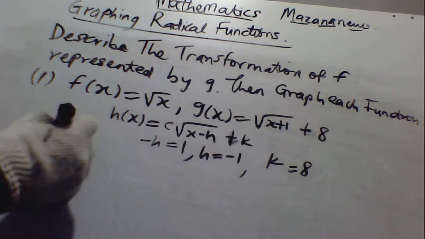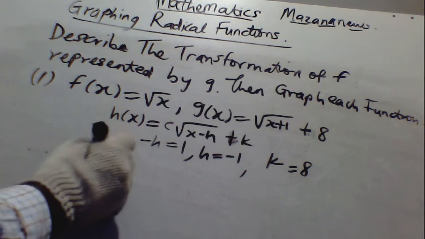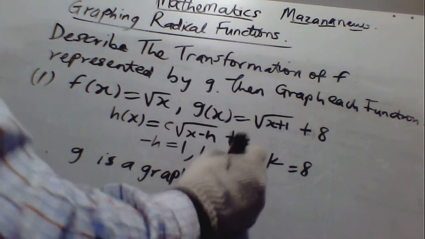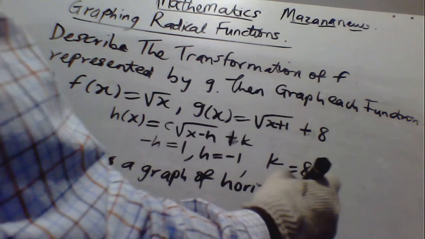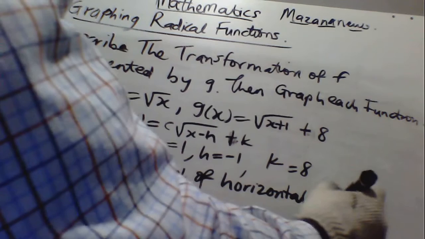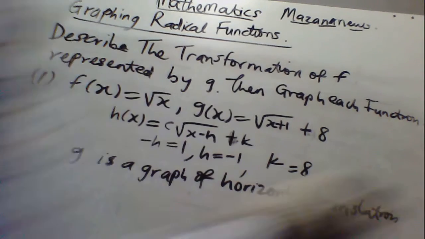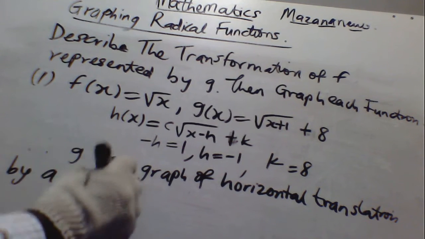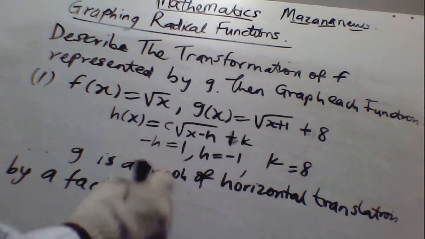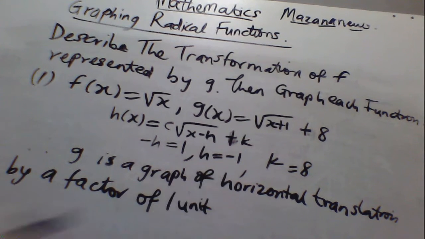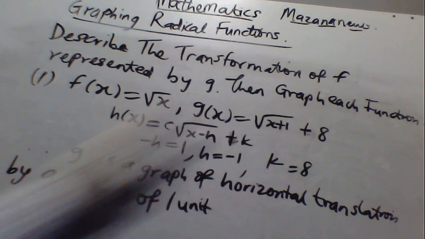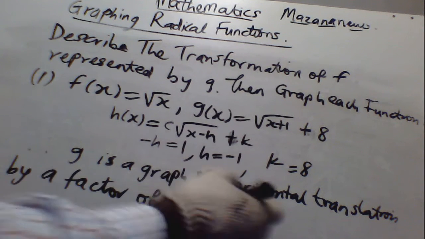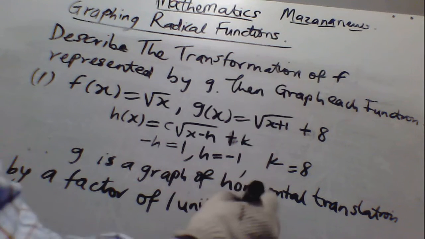So once we have known this, we can now describe the transformation. Therefore g is a graph of horizontal translation by a factor of 1 unit to the left, because this is negative, it will go to the left.